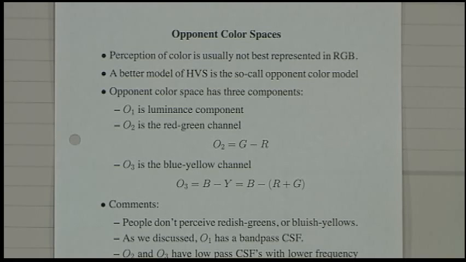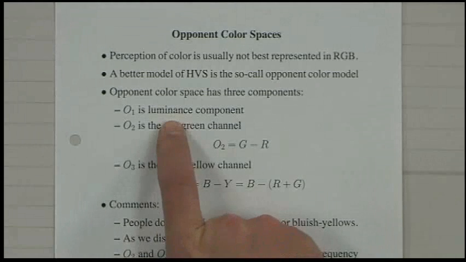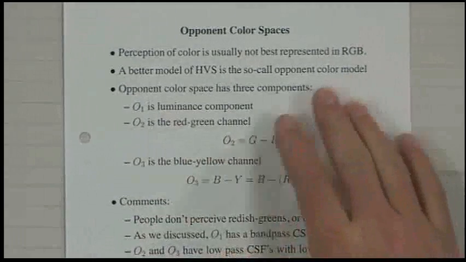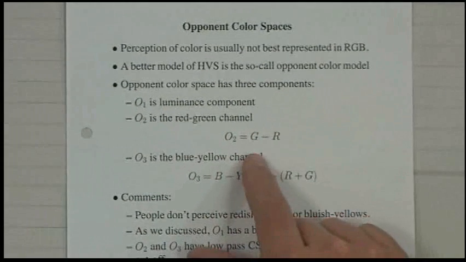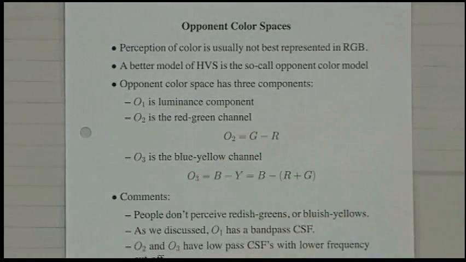So the standard opponent color system is what's called red, green, blue, yellow channels. The thinking is that at some very simplified level, the color information that your retina obtains and then sends up to your visual cortex is represented as a luminance channel, a red-green color channel and a blue-yellow color channel.